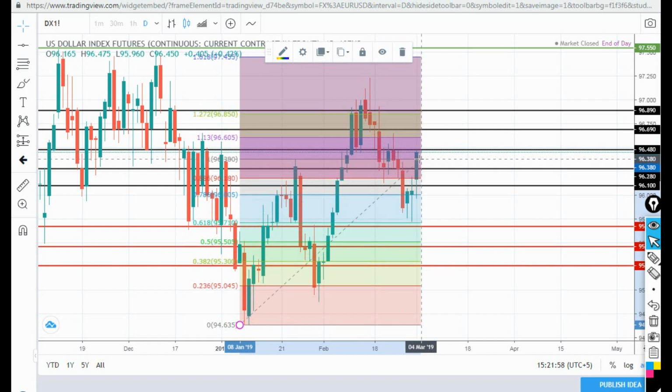I just point this here, and now you will see that the market basically goes a minimum to 1.13, and then goes a maximum to 1.272, or the high potential, 1.618, right?